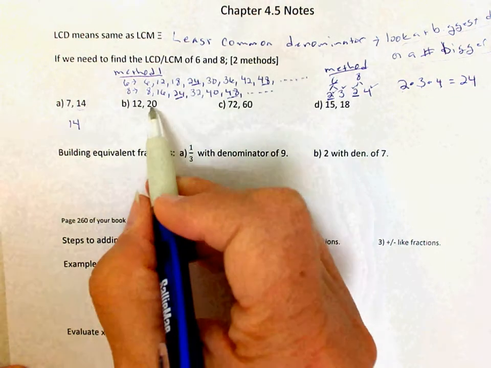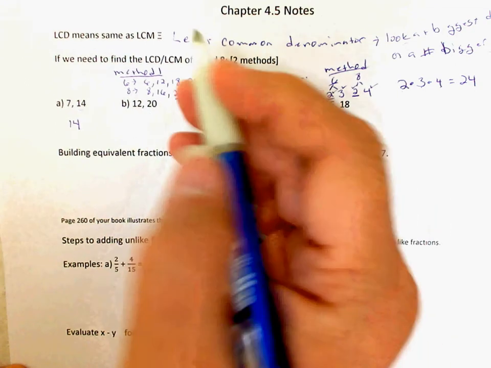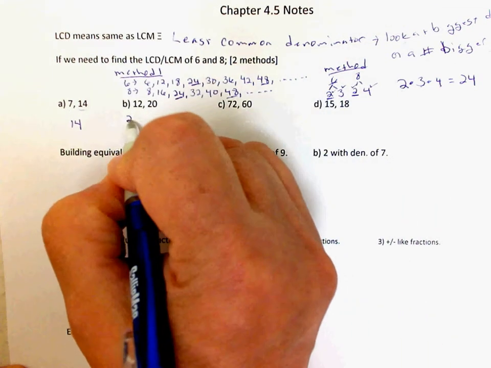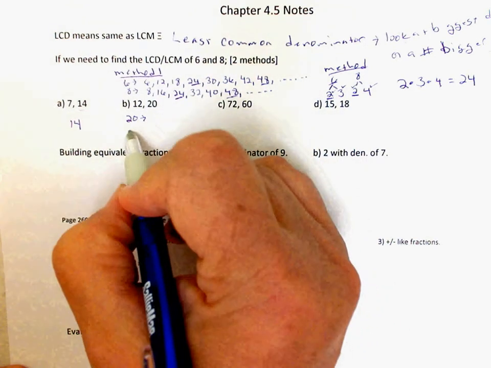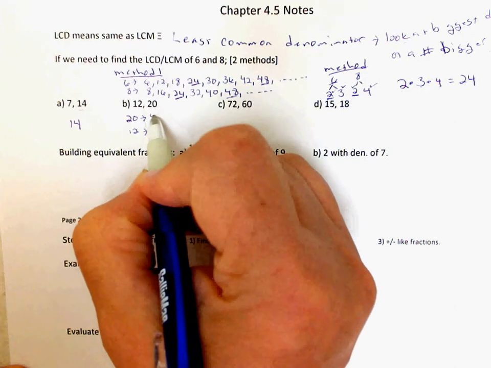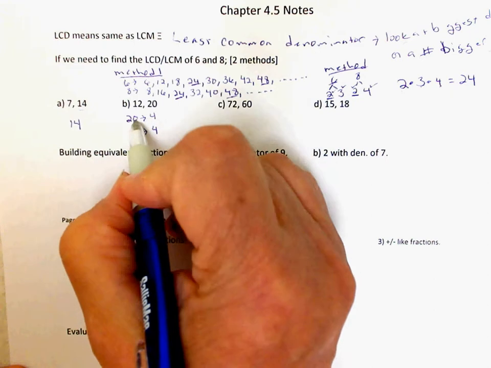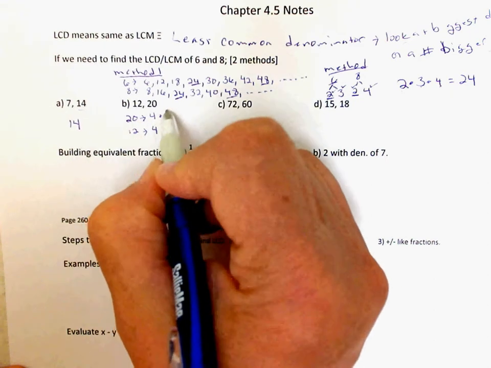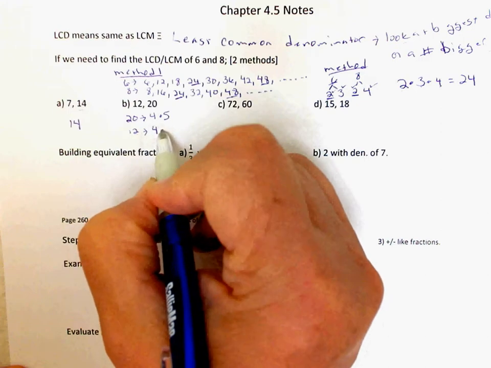I look at my biggest number here, 20 divided by 12. That's an ugly answer. So, I'm going to take 20 and 12. 20 and 12 have 4 in common. Alright, 4 times what gets me 20? 5. And 4 times what gets me 12? 3.